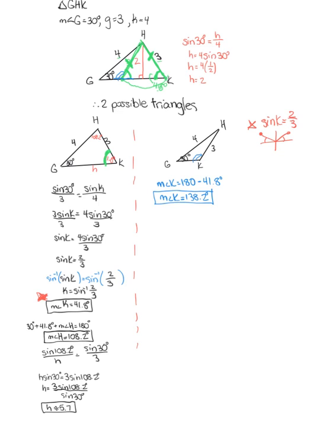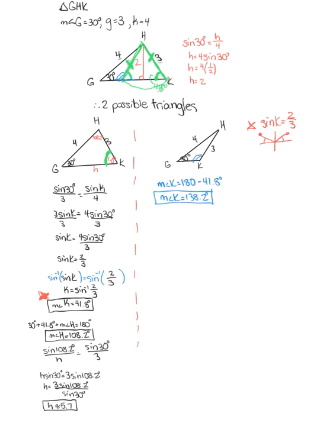So when I took the sine inverse of both sides, I got that K was equal to 41.8, which means this angle over here is also 41.8. But I want the angle in quadrant 2, so I really want this angle right here, which I would get by doing 180 minus 41.8.